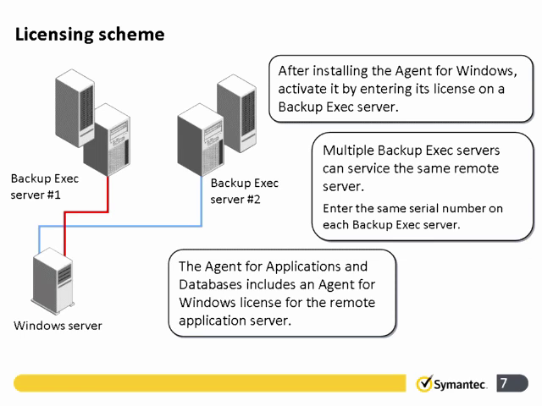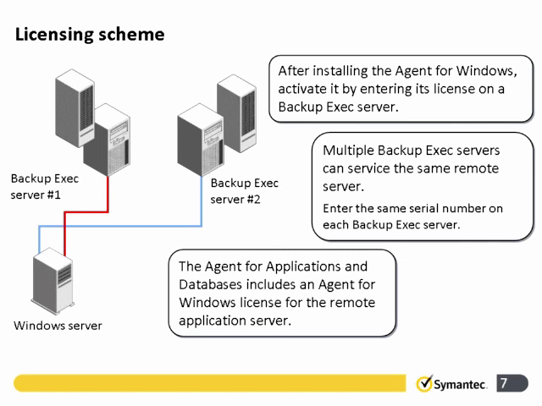By default, the remote agent advertises to all of the Backup Exec servers in your environment. So any Backup Exec server can back up any machine that's running the agent for Windows. So it may be a licensed agent, it may be an agent that was included with another license.